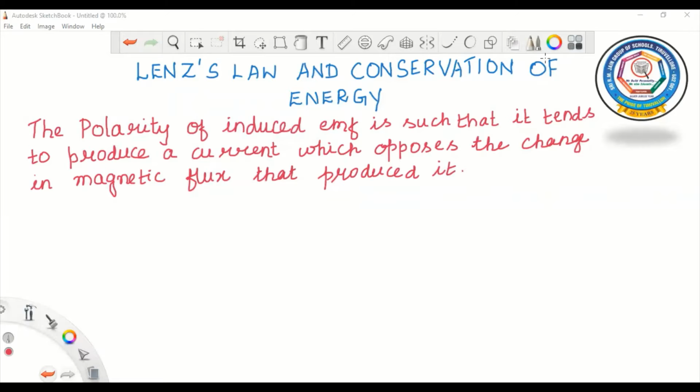Now, let us recall Faraday's law of electromagnetic induction, what we discussed in the previous topic.